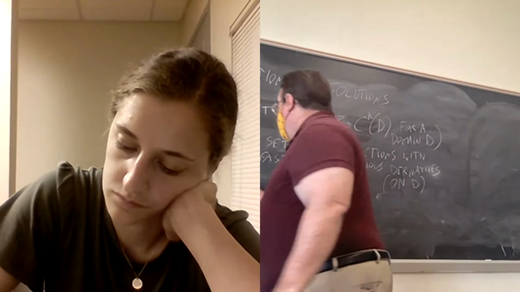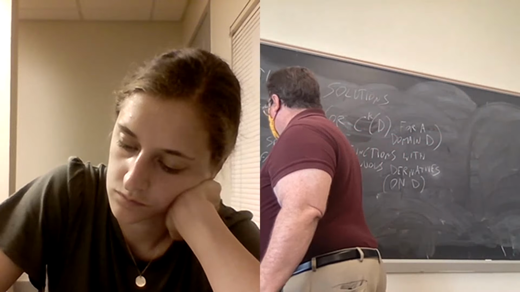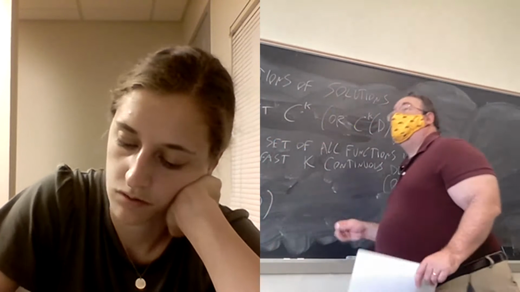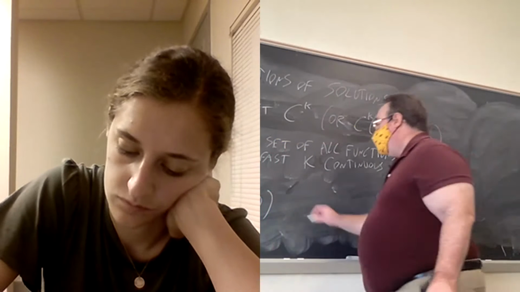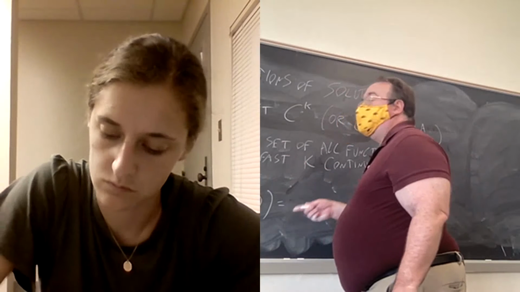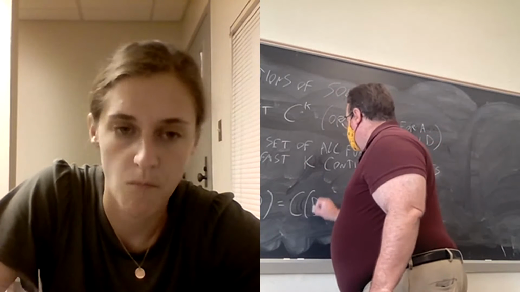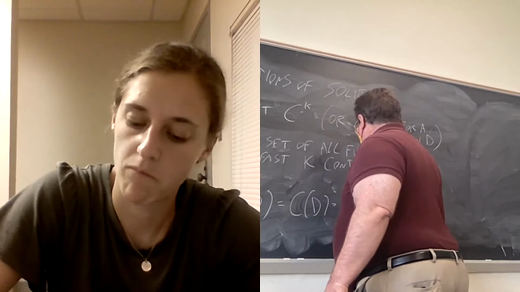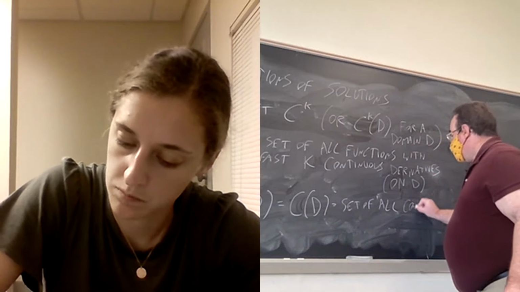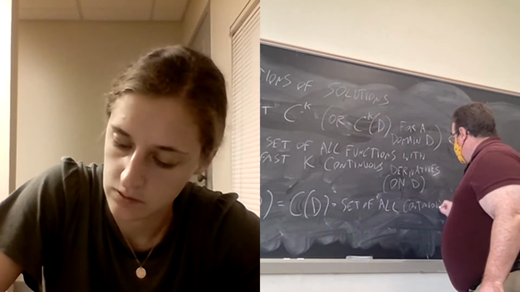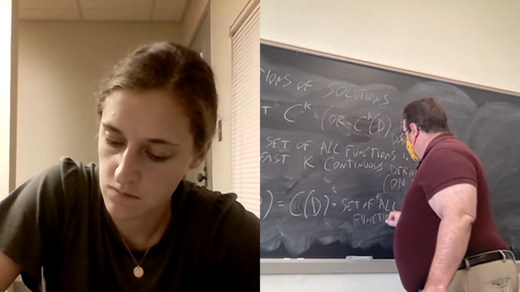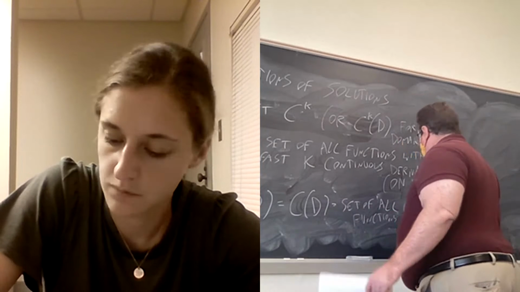Now, if k is equal to 0, then this would just be the set of all continuous functions defined on a given domain. But in that case, the superscript 0 need not be written. So we just say C(D) is the set of all continuous functions on D.